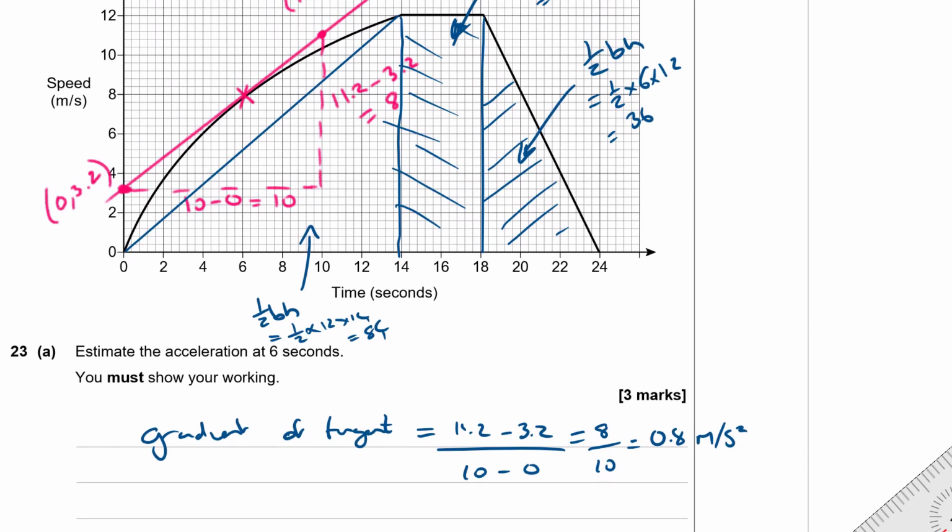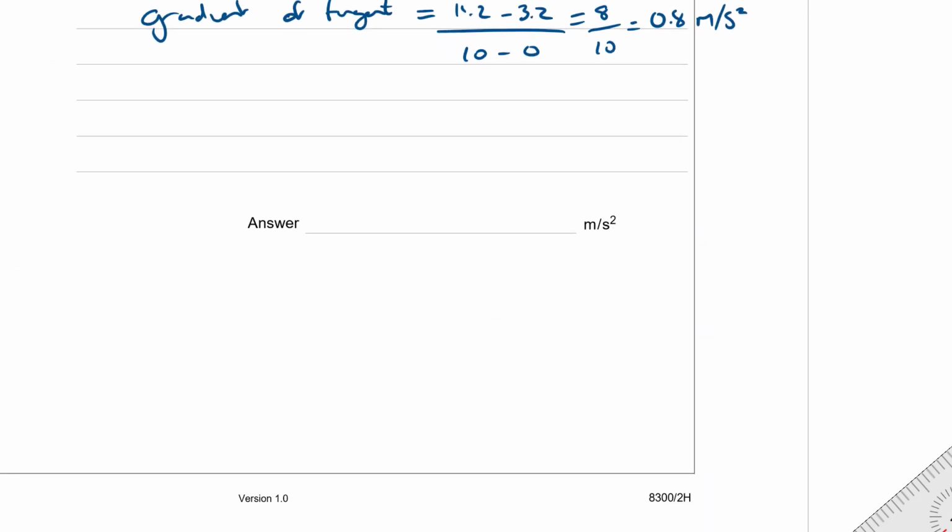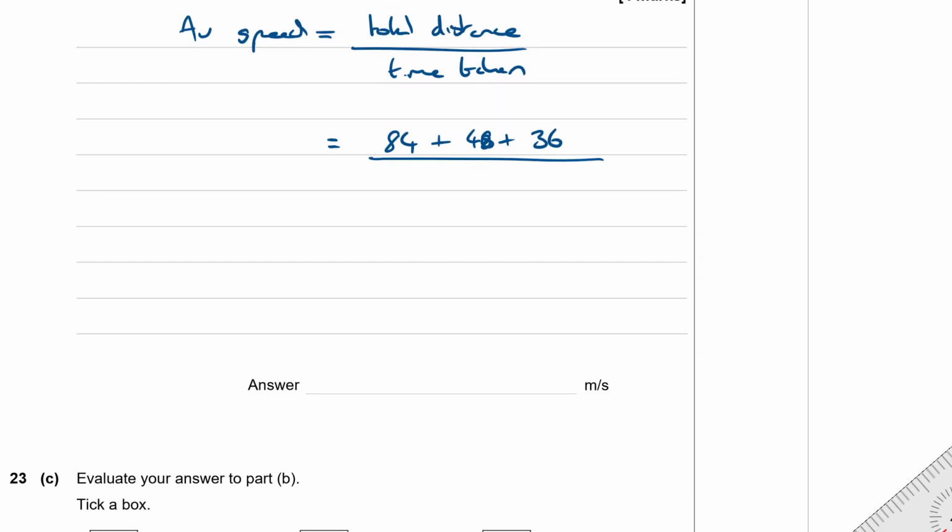Well, the time of the journey was 0 to 24, so it took 24 seconds, over 24. So let's add that up. 84 plus 48 plus 36 is 168 divided by 24, and 168 divided by 24 is 7. So average speed is 7 meters per second. So 7.